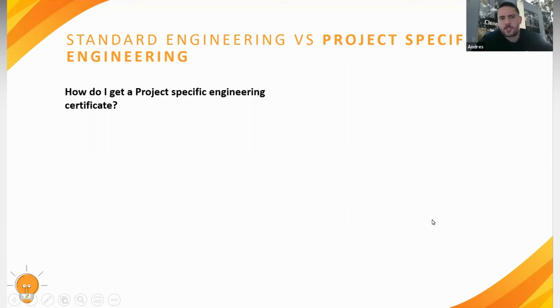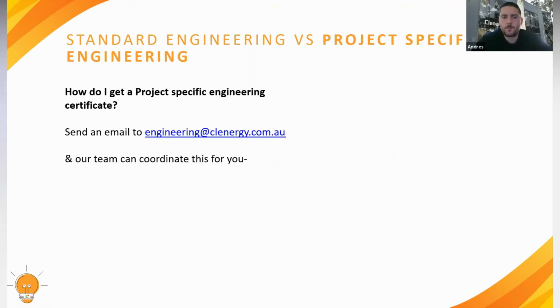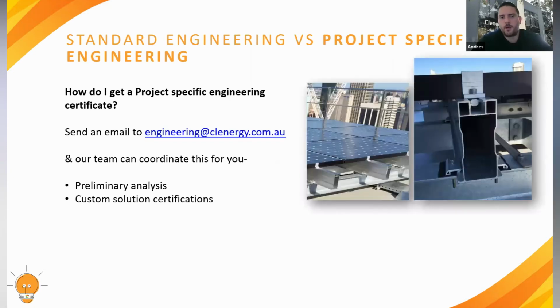So how do we get a project-specific certificate? This is what I'm trying to get at. The first step would be to send an email to engineering@clenergy.com.au, and we can coordinate this for you, where we provide a preliminary analysis free of charge. We can also provide custom solutions, recommendations, or any types of project support that you require.